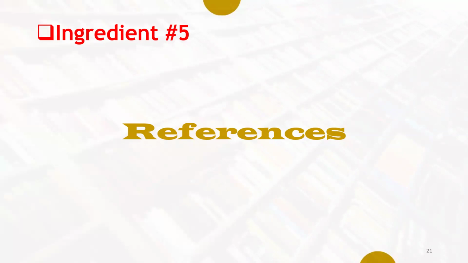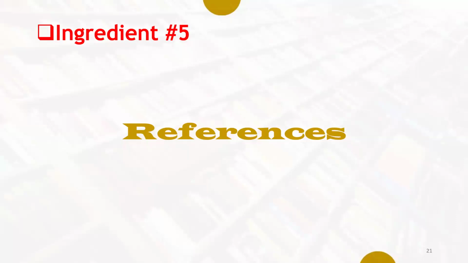Just ensure that you confirm the guidelines provided by your institution and use a reference management software like Zotero or Mendeley to take care of your citations and references. We have a comprehensive tutorial on Zotero. The link to that will be in the description below this video. Those are the essential components of a compelling research proposal.